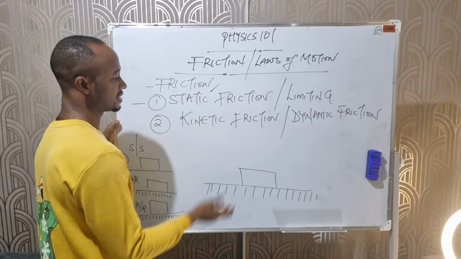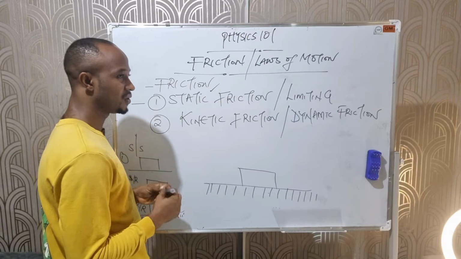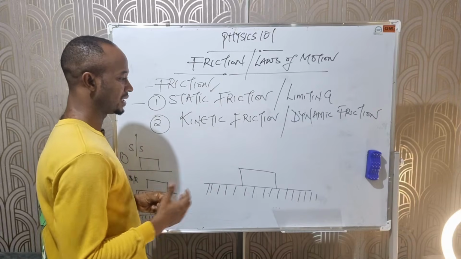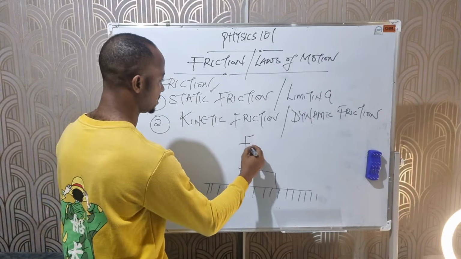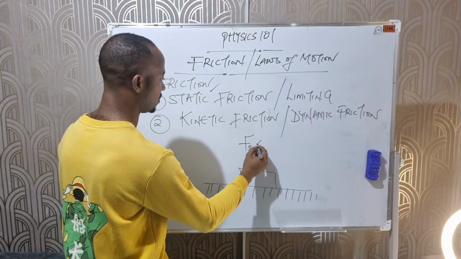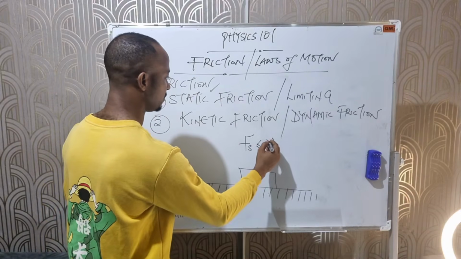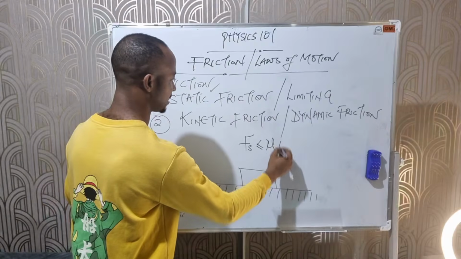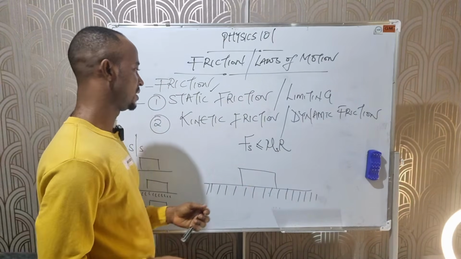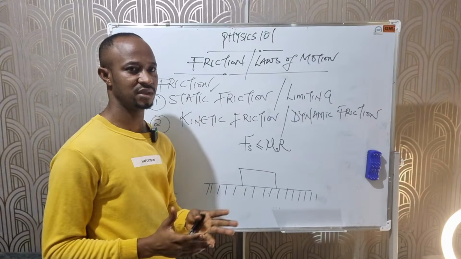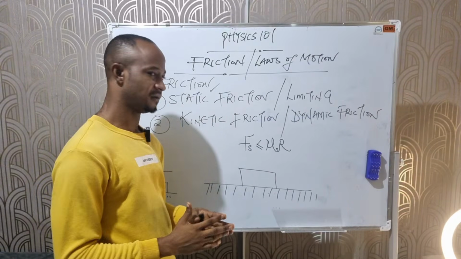Static frictional force is that force that must be overcome so that a body can just start to move over another. That frictional force Fs is always less than or equal to the coefficient of static friction times the normal reaction, because this force is not a fixed force. It varies.